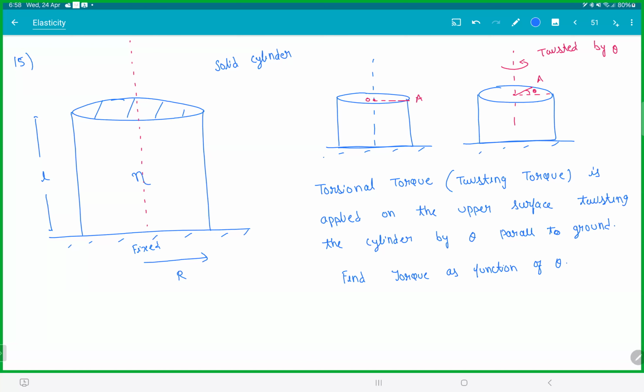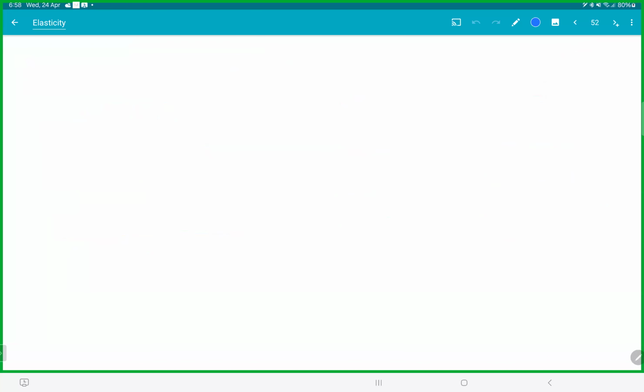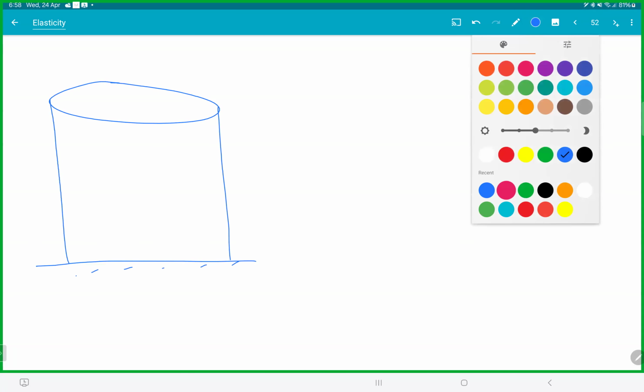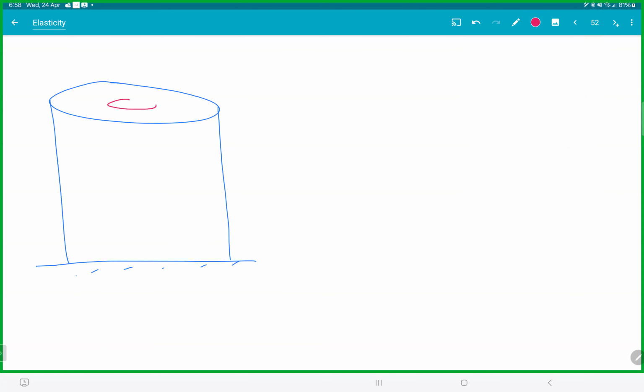The important thing is, how do you choose an element? How do we choose an element? Yeah, it's a ring, basically a thin cylinder. At a distance x, we take a thin ring like this.